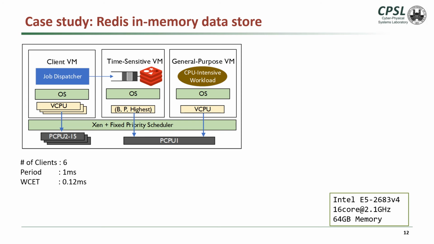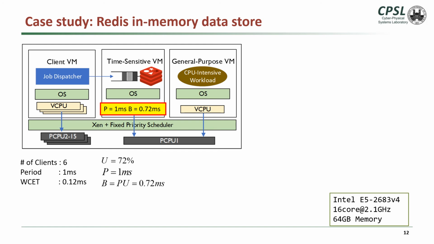We know the period of each client is 1 millisecond, and the execution time of each query is 0.12 millisecond. Based on that, we get a utilization of 72%, the period is 1 millisecond, and you can also compute the budget.